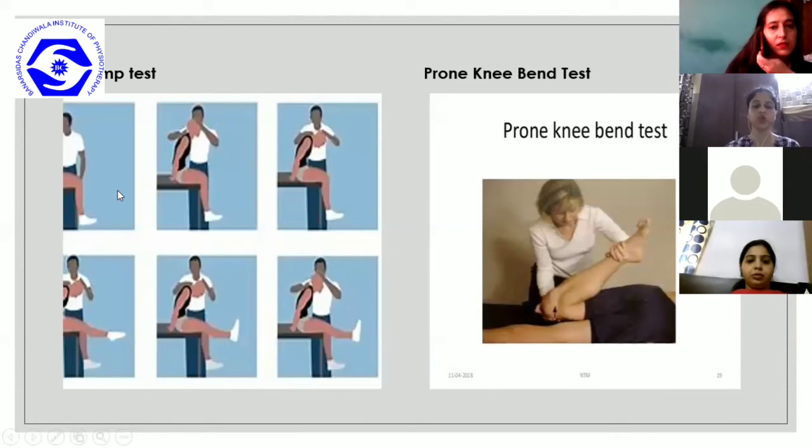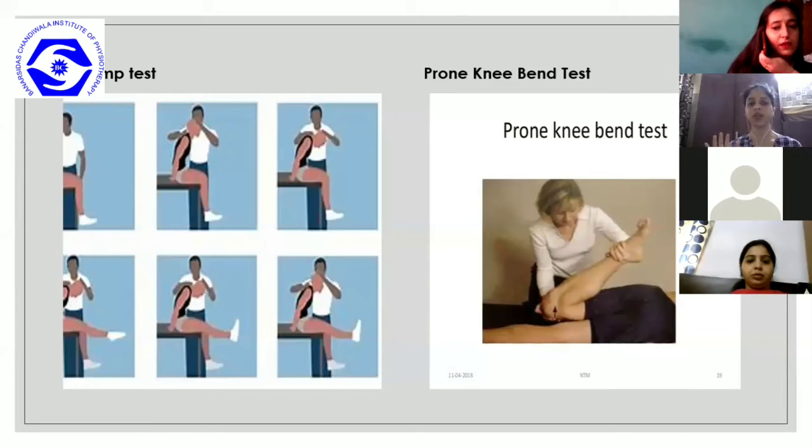This is what the slump test is. The patient is told to sit in a high sitting position. The hands of the patient should be behind his back or behind the hip, but the therapist should be standing on one side, and the therapist's hand should be on the occiput of the patient, and the forearm should be resting on the neck and the upper spine.